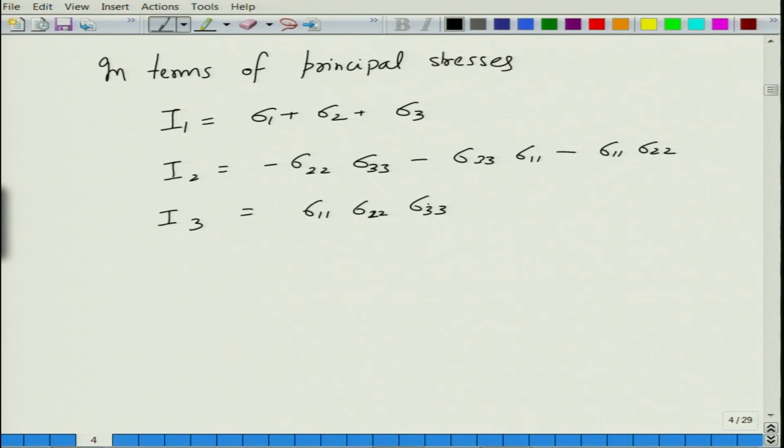This is the expression in terms of principal stresses. So, this is a way to write the principal stresses.